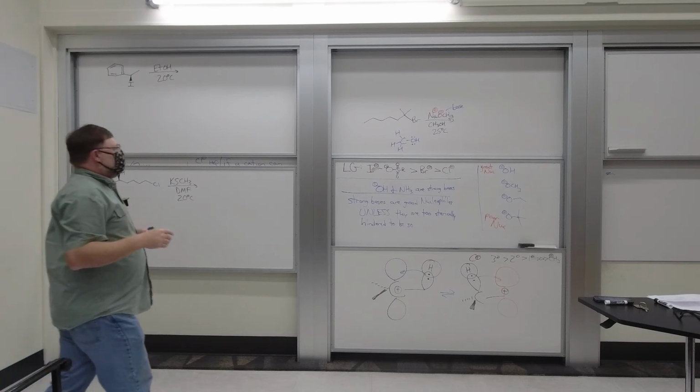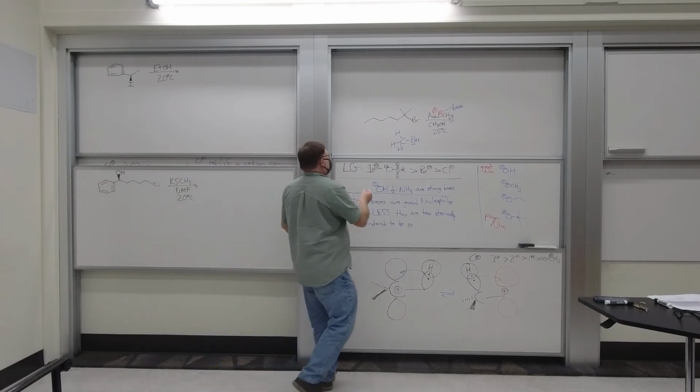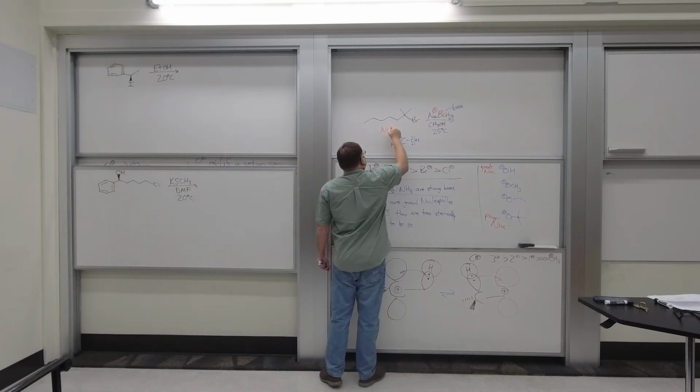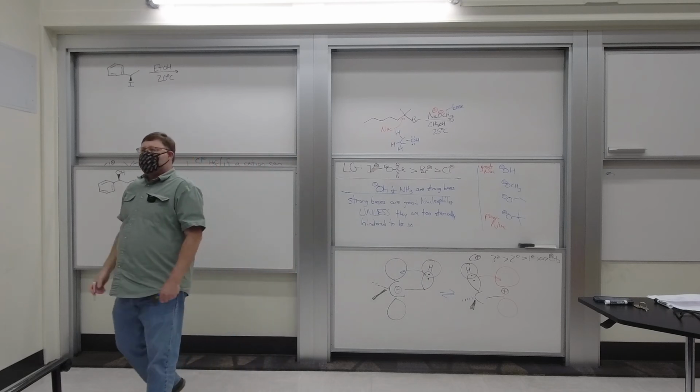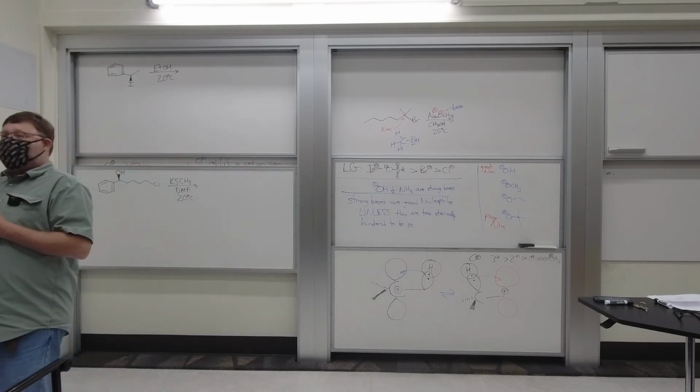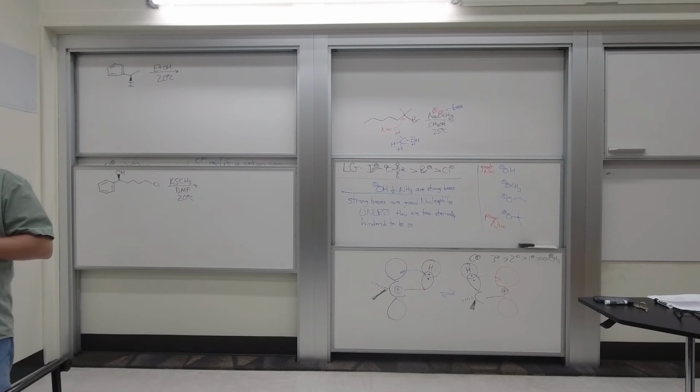The carbon, if we want the nucleophile to attack the carbon, that lone pair on the nucleophile has to get close to the carbon. Remember, the curved arrows are really good. Once you get these down, you can think about reactions really well with them.